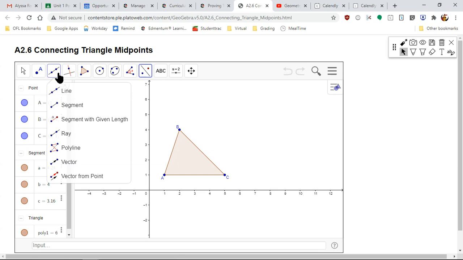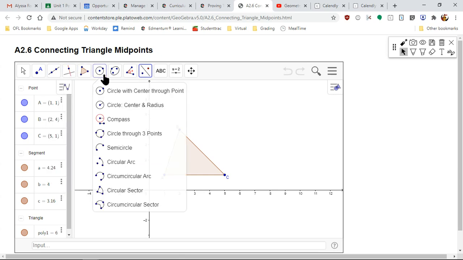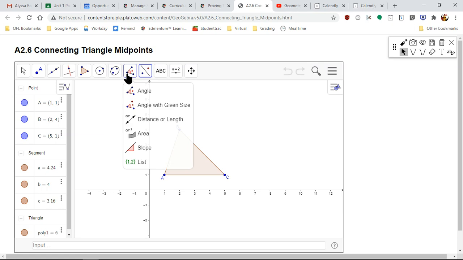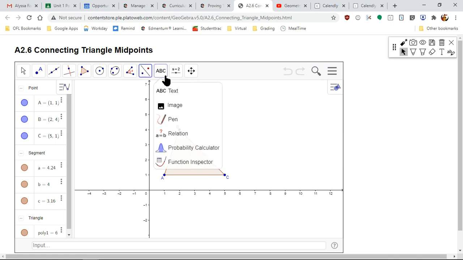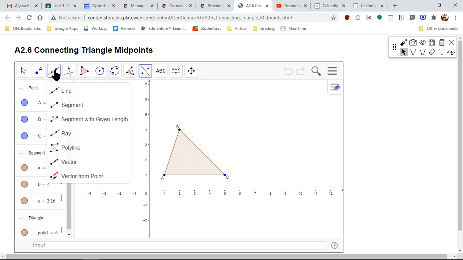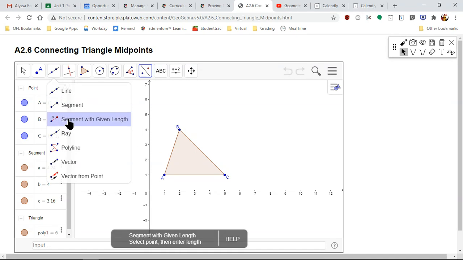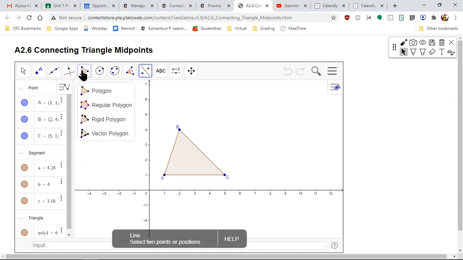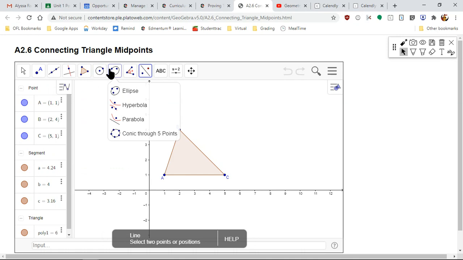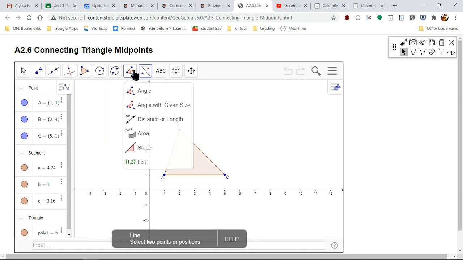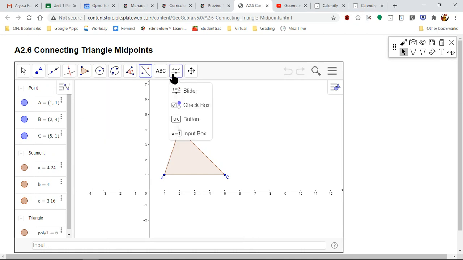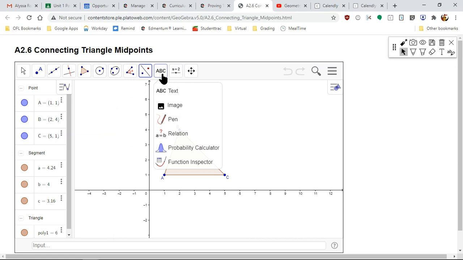I could have sworn there was a tool that gives us midpoint. I could do a bisector, and that's a super roundabout way of doing the midpoint, but I know there's a way to do the midpoint. I just haven't done it in a while.